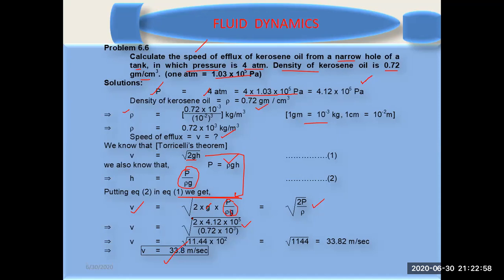Before that, you must know that h was involved and the value of the height is not given. We will use our given sources to calculate the height by using this formula, and then you will put it in this formula to calculate the required speed of efflux. Thank you very much for your attention.